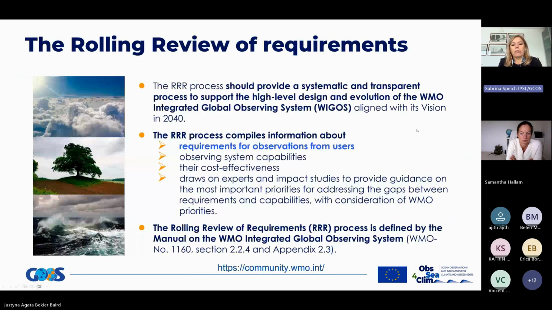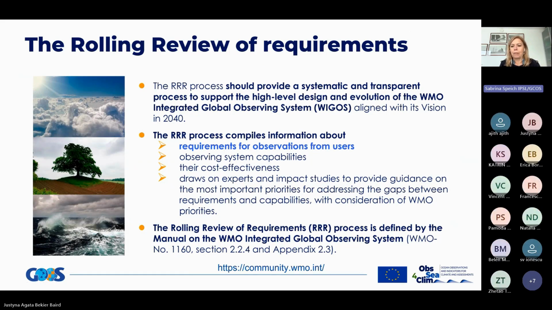The rolling review of requirements is a systematic process established by the World Meteorological Organization, WMO in the slides that follow, to collect, analyze, and update user requirements for observation across all WMO application areas, and I will come to that.